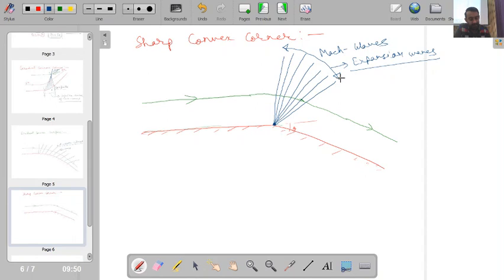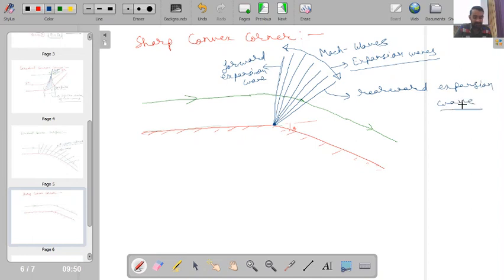And I will have one starting expansion wave over here. This starting expansion wave is called the forward expansion wave, and the ending expansion wave is called the rearward expansion wave. Ultimately, this forward wave is facing a Mach number of M1.